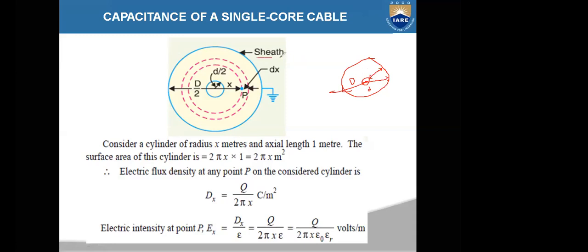The sheath is nothing but the insulation, and it will generally be grounded.